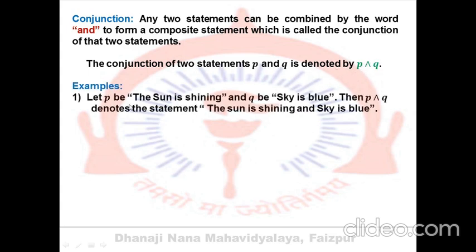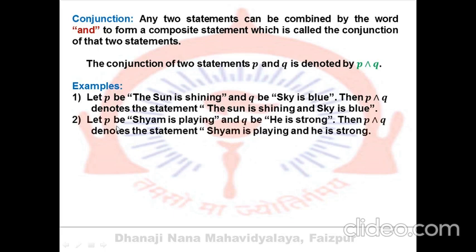Examples: let P be the sun is shining and Q be the sky is blue. Then P and Q denotes the statement the sun is shining and the sky is blue. Let P be the statement Sham is playing and Q be he is strong. Then P and Q denotes the statement Sham is playing and he is strong.